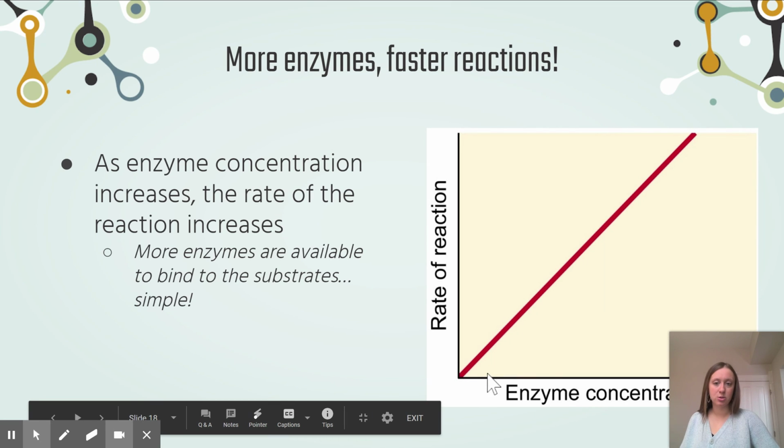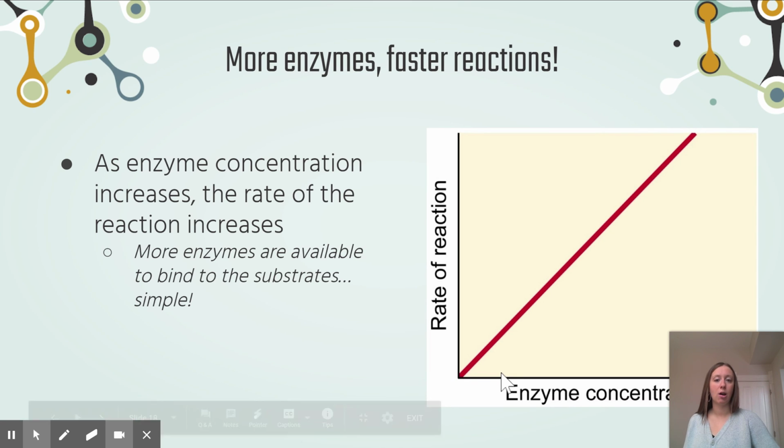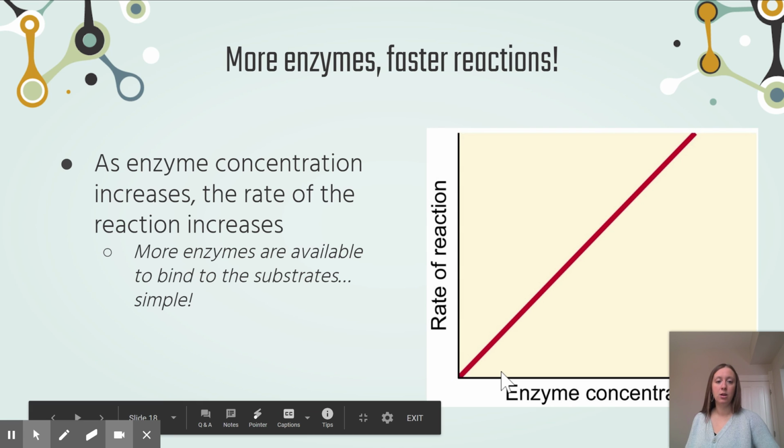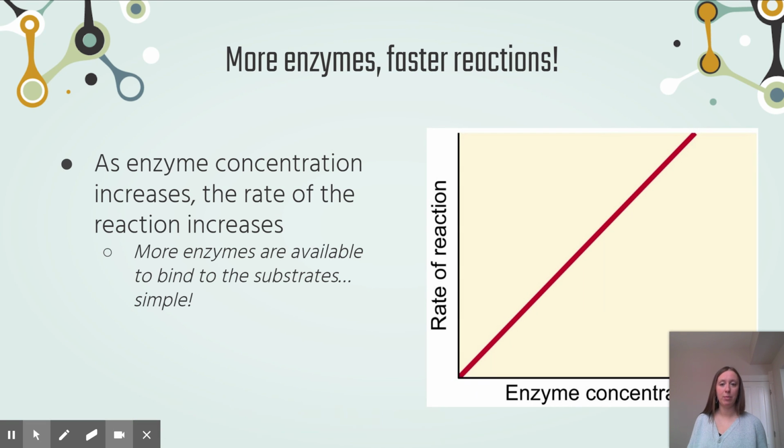As enzyme concentration increases, the rate of the reaction increases. That is what we saw on the previous slide. The more enzymes there are, the faster the reaction will happen because there are more enzymes available to bind to the substrates. So this is a pretty short and simple trend that we can notice.